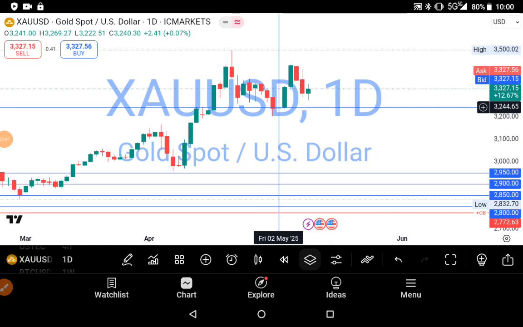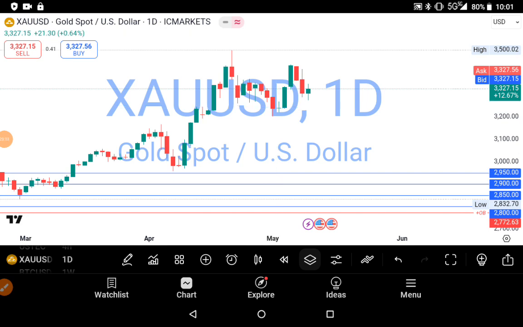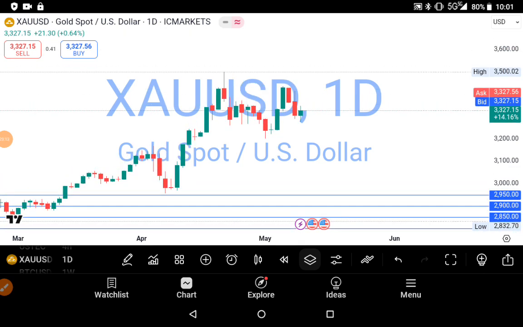But the moment the level 3400 happens to be a support to the price, that is when the market price opens and climbs its way and finds itself above 3400, then I'm interested in 3600.